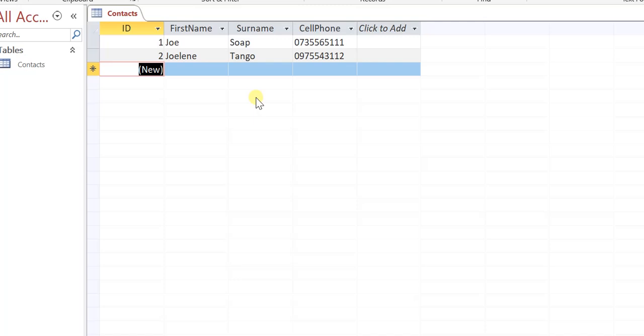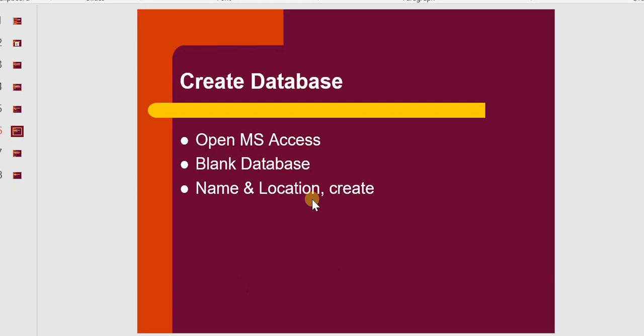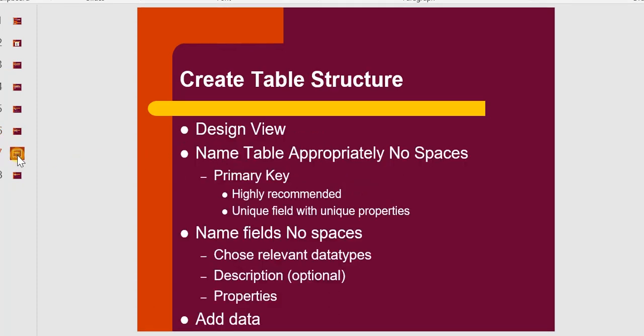For now, that is what we're going to do. I would quickly like to go and have a look at what we've just done. So in design view, we went to the table and we've given it a specific name. We went then to the primary key, and although we said it's highly recommended, we're not going to use it for now.